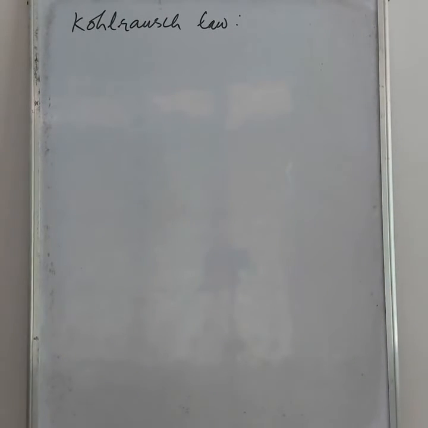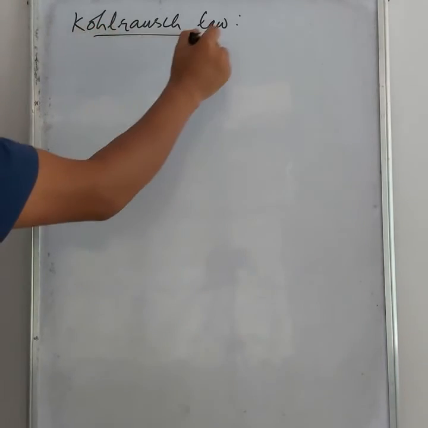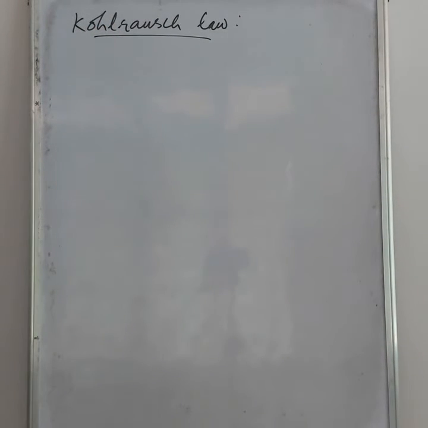Kohlrausch's law. This will be our last topic for this particular chapter. So what does Kohlrausch's law say? At infinite dilution, when dissociation is complete, each ion makes a definite contribution towards equivalent conductance of the electrolyte, irrespective of the nature of the ion with which it is associated, and the value of equivalent conductance at infinite dilution for any electrolyte is the sum of contribution of its constituent ions.